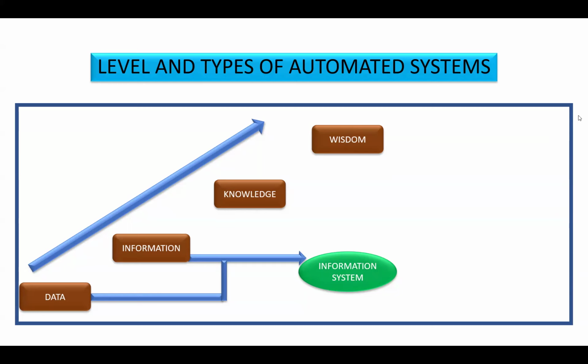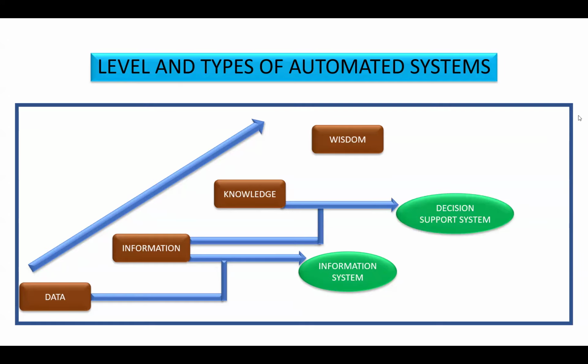How you are interpreting it is up to you. But if there is the next level of system where data is there, information is there, and then you are able to make some decision, then it becomes a decision support system. Like there are many irrigation water management systems where you know the area of the crop present there, the soil type, the crop water requirement, and the moisture content present now.